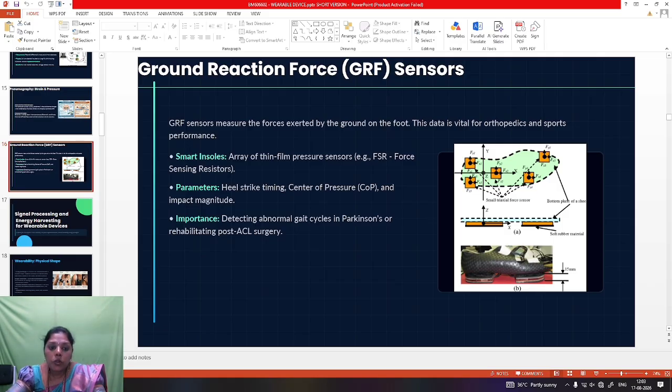First, smart insoles, array of thin film pressure sensors, FSR force sensing resistors. Parameters: heel strike timing, center of pressure and impact magnitude. Importance means detecting abnormal gait cycle in Parkinson's or rehabilitating post-ACL surgery.